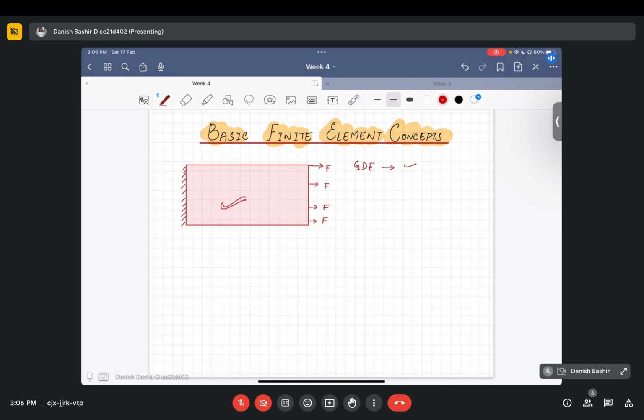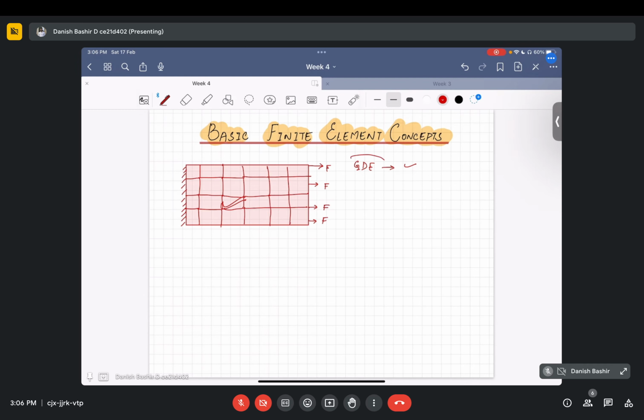So in the finite element method, we break this problem into smaller elements like this. For example, if it is a very thin shell, we use shell elements. You will learn in the coming classes what shell elements and solid elements are. For the time being, just keep it in mind. We divide our problem into many small domains.